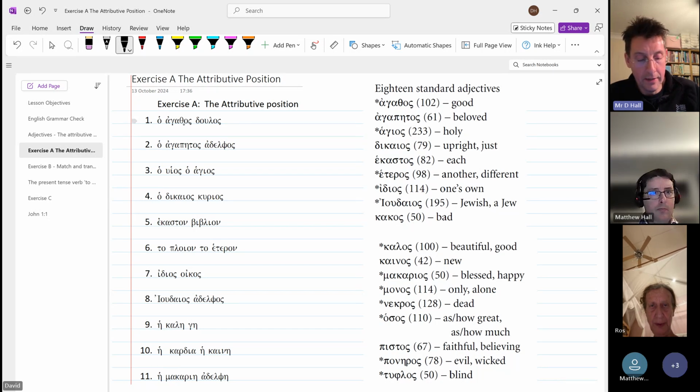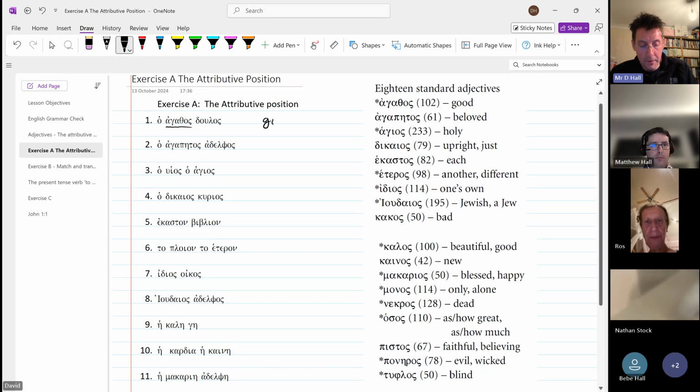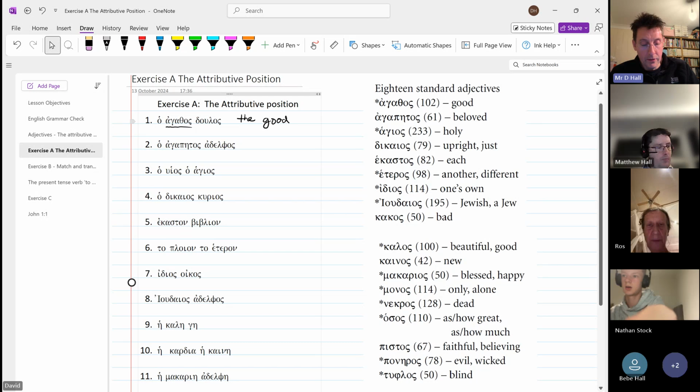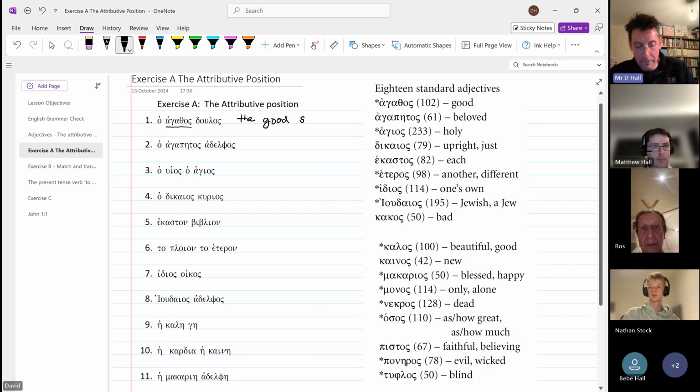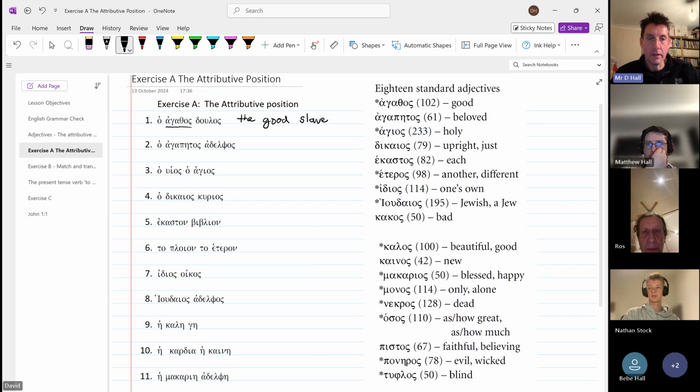So we've got agathos again, and so we know we're talking about something which is good. So we've got the good, and then doulos, which hopefully we've used a few times, slave. So we've got the good slave. So it's just literally translating as it comes in this particular case.